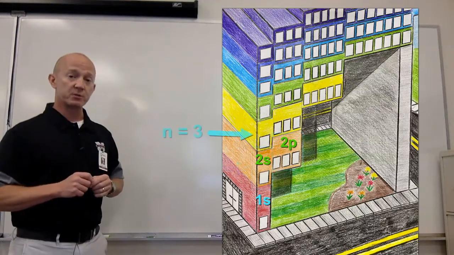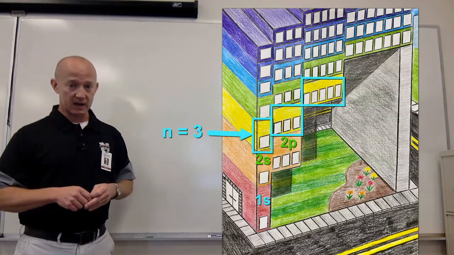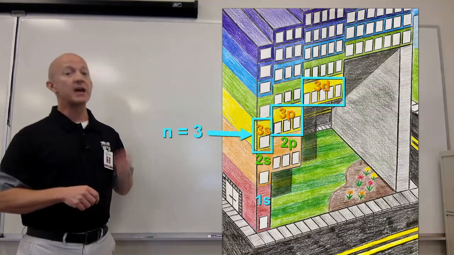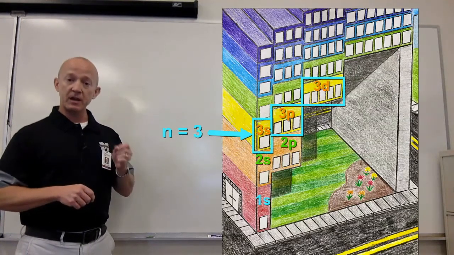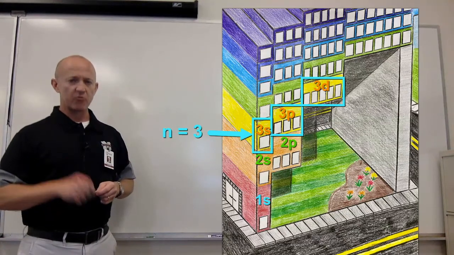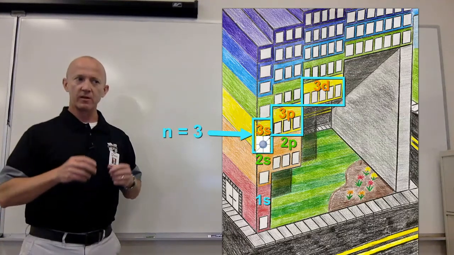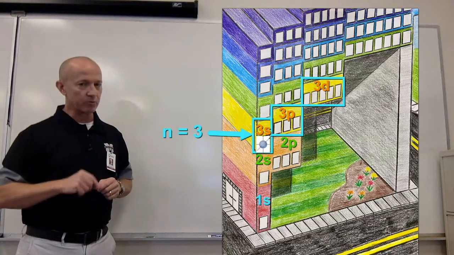So on the third principal energy level, or n equals 3, I now have 3 types of sublevels. I have an S sublevel, I have a P sublevel, and a D sublevel. Remember that the S sublevel only has 1 orbital, or in our S suite, we only have 1 room.